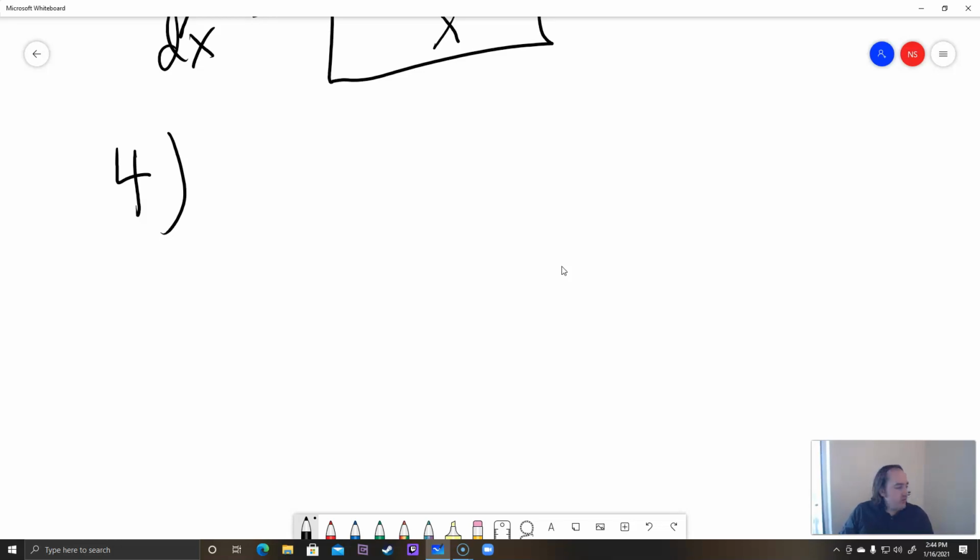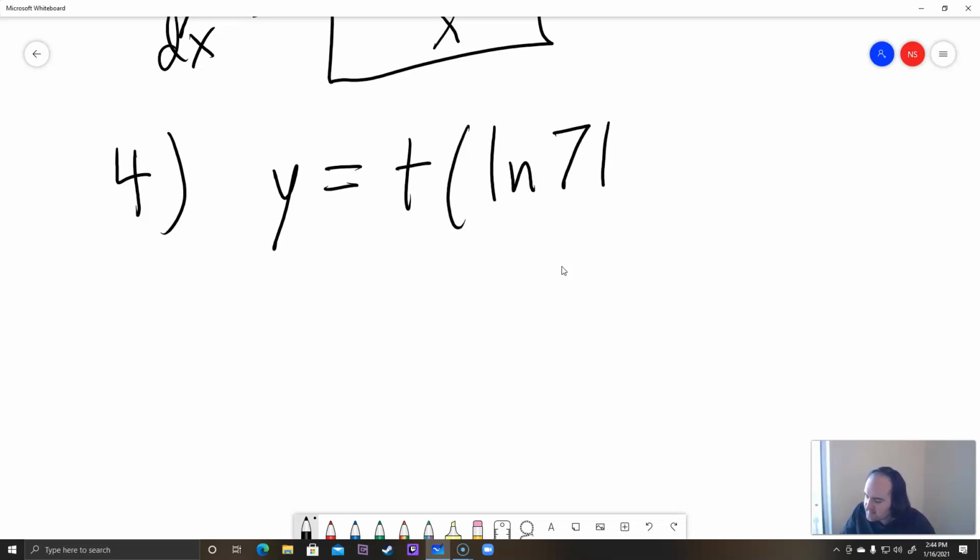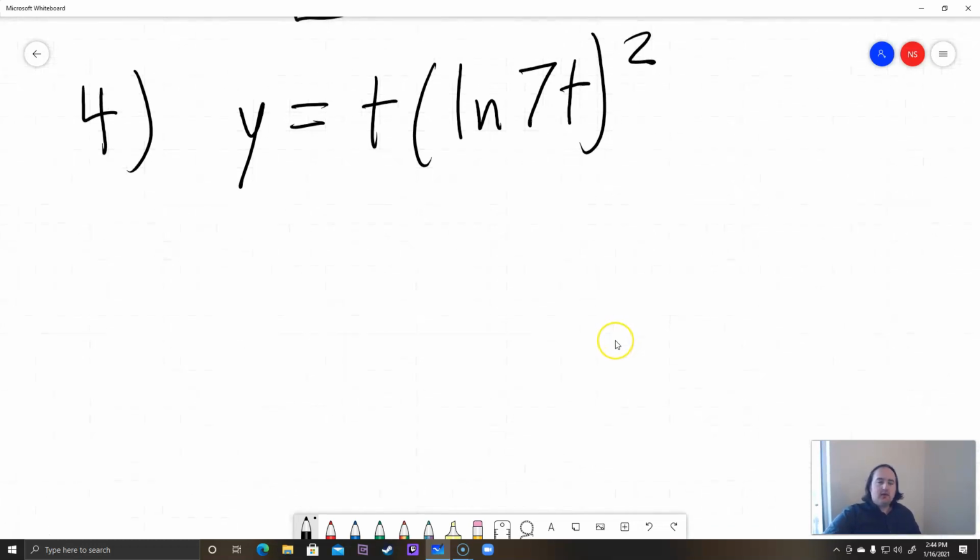So problem number 4 is going to be y equals t times a quantity ln of 7t quantity squared. Okay, y equals t times a quantity ln of 7t quantity squared.